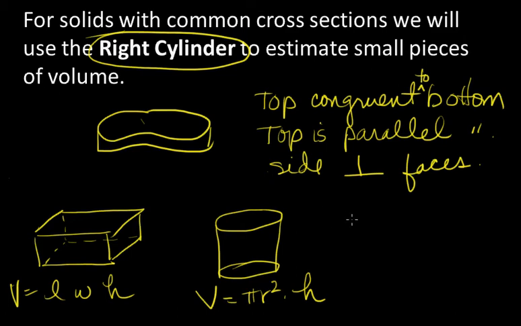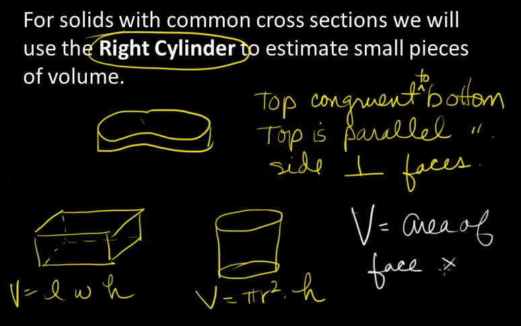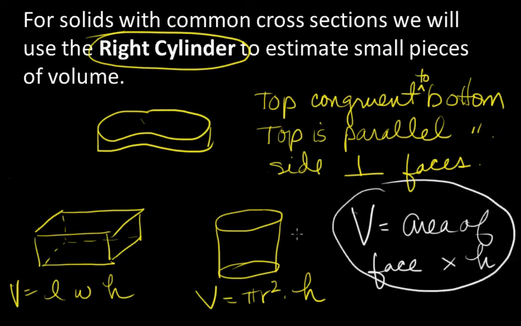The volume of a right cylinder, V, is equal to the area of a face, the top or the bottom, times the height. So look, cylinder, pi r squared times h, the area of the top times the height. Length times width times height: length times width is the area of the top times the height. And in general, that is how we find the volume of a right cylinder.